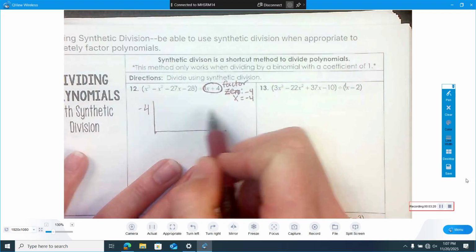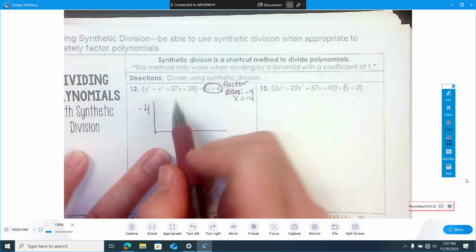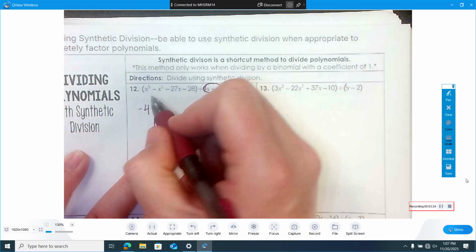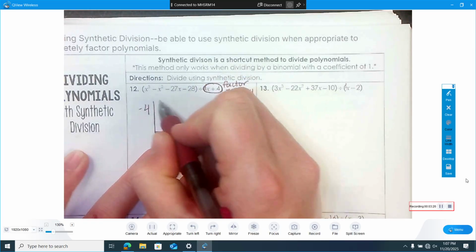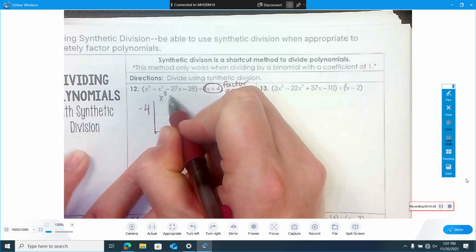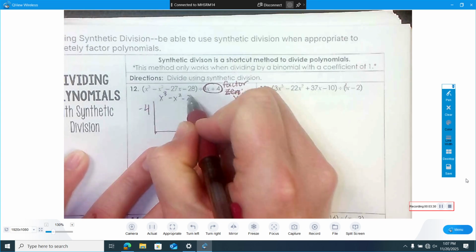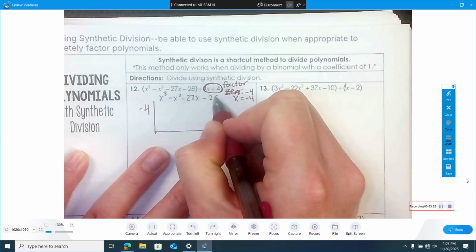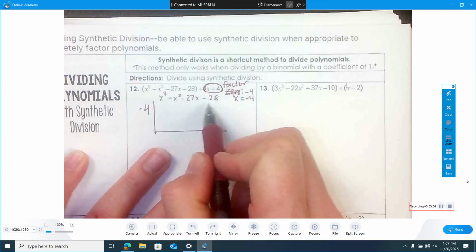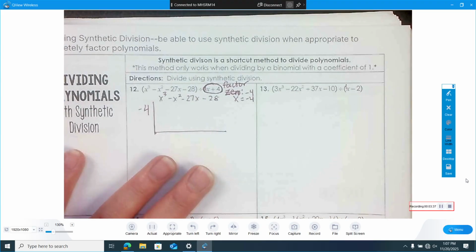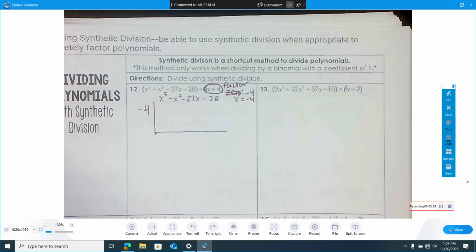Then across the top of our little L shape, we write our polynomial, but we make a shortcut method here. All we're doing is taking the coefficients. Synthetic division is a process; it doesn't have a lot of meaning at this level.